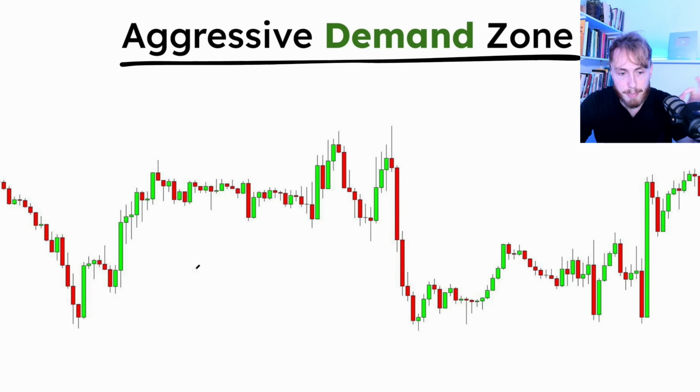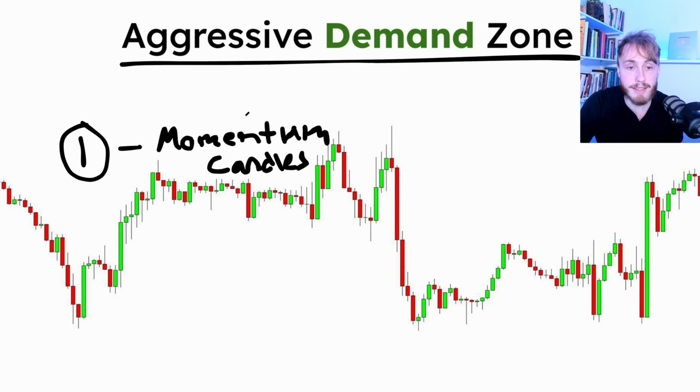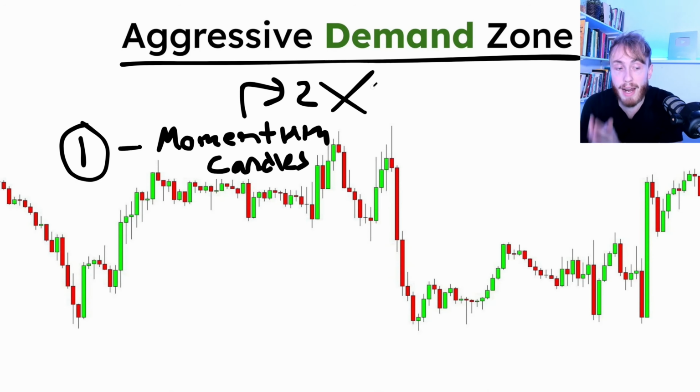So step number 1 here is that we're looking out for strong and aggressive moves towards the upside. And what I'm looking out for specifically is something called momentum candles. And a momentum candle is a candle that is at least twice the size compared to the previous candles.